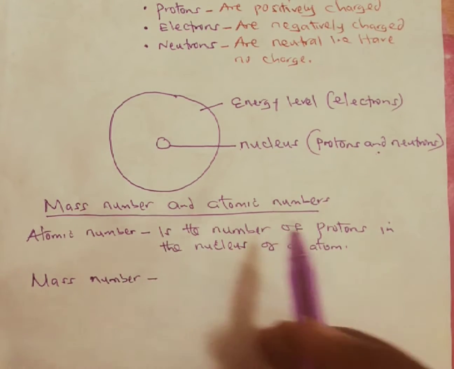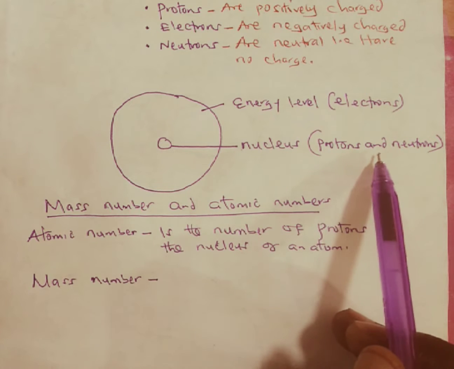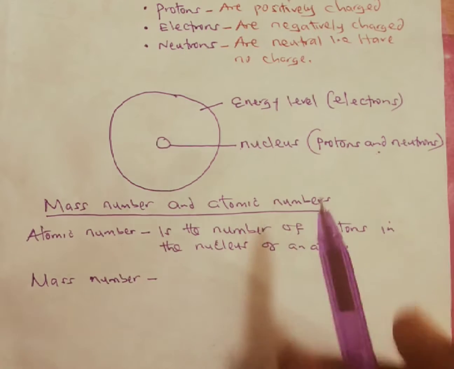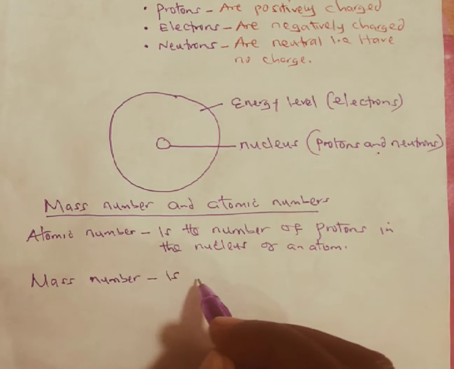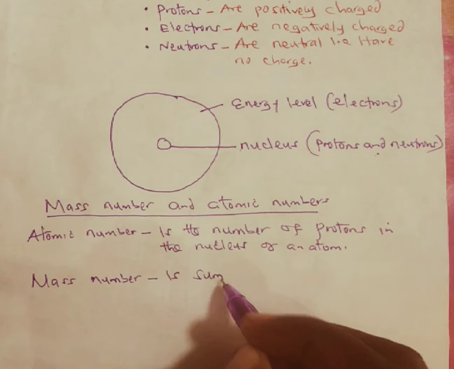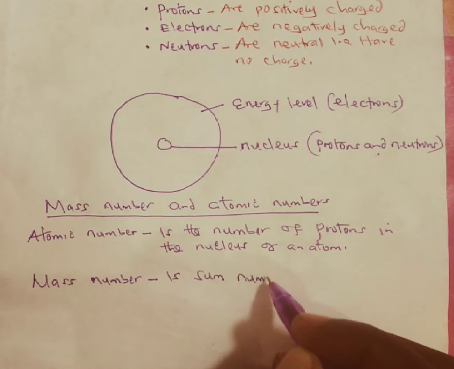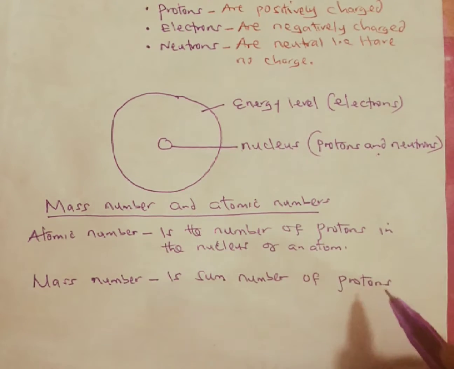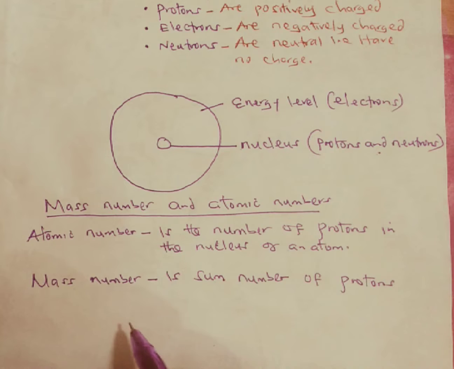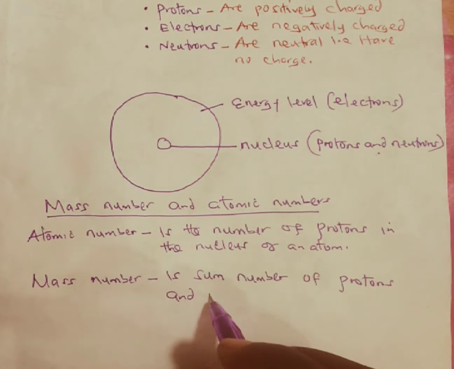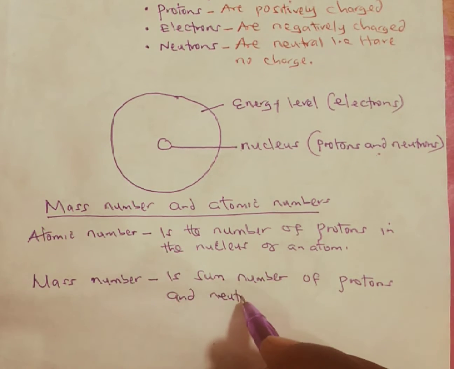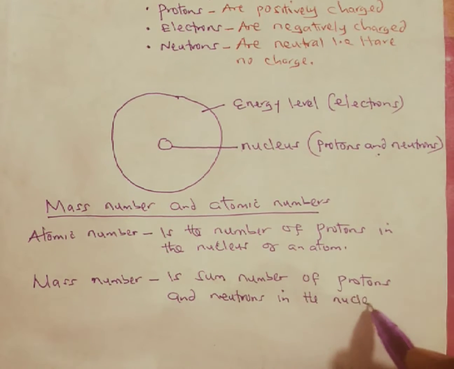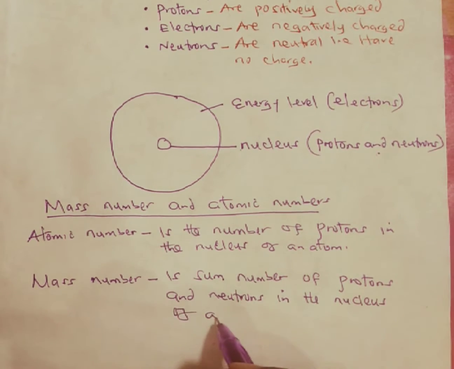Then of course we have the mass number. The mass number represents all the protons and all the neutrons in an atom, and therefore we can say the mass number is the sum of the number of protons and the neutrons in the nucleus of an atom.